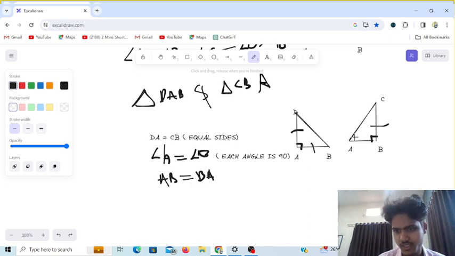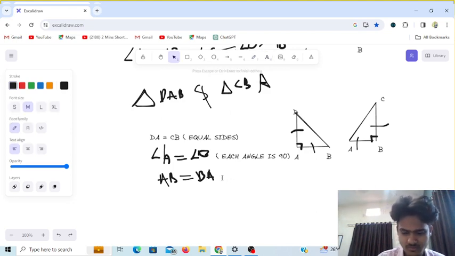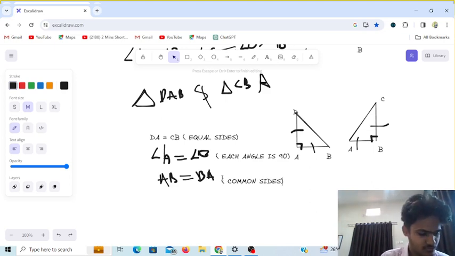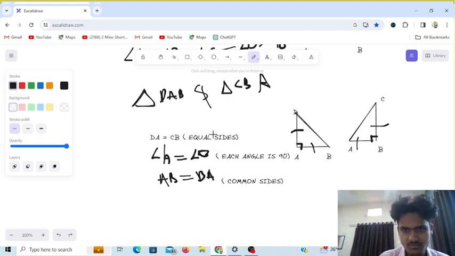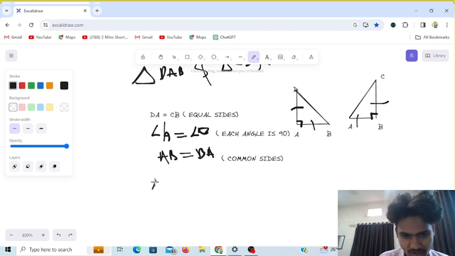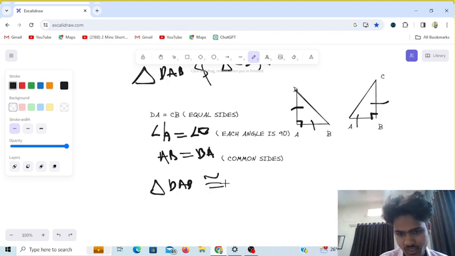This is the common side. So then for this similarity we can say that triangle DAB is congruent to triangle CBA.